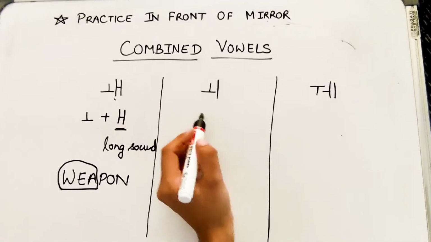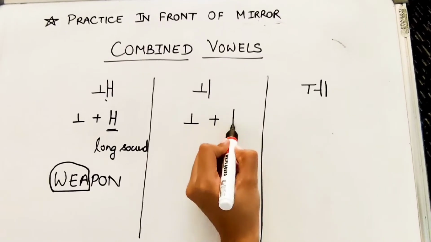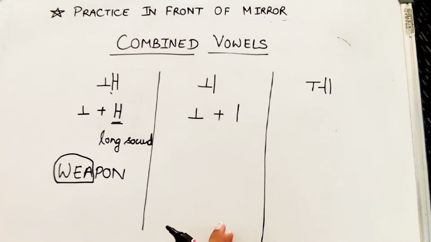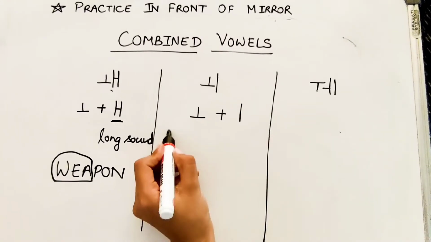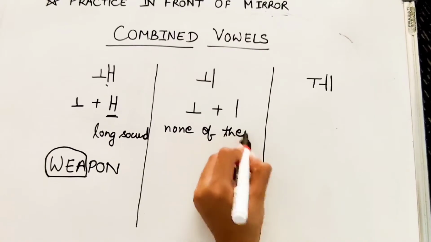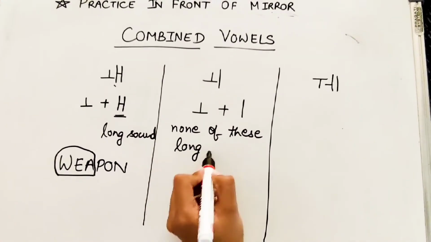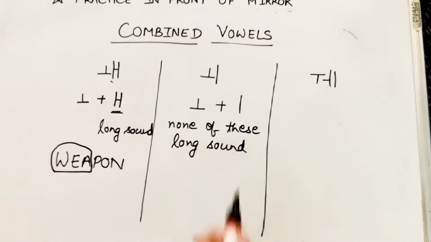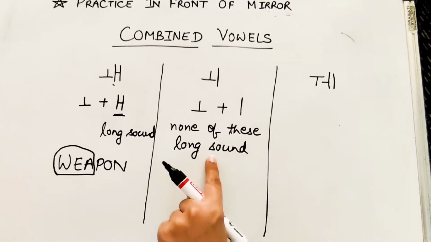Moving on. This vowel is a combination of the basic vowel O and E. Now here both these vowels are basic, so none of them actually have a long sound. So you can call this vowel a medium sounding vowel, because none of these have a long sound. Both are basic vowels, right?